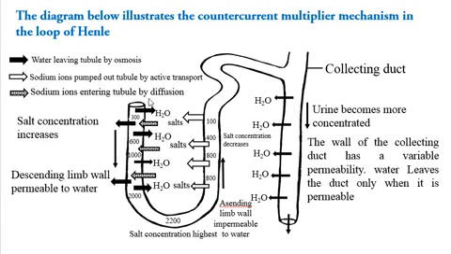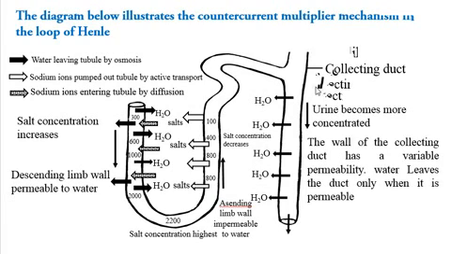As we have seen, this tube is surrounded by blood vessels. When water reaches the space between the tubule cell and the blood vessel, it moves into the blood vessel, that is the vasa recta, by osmosis.